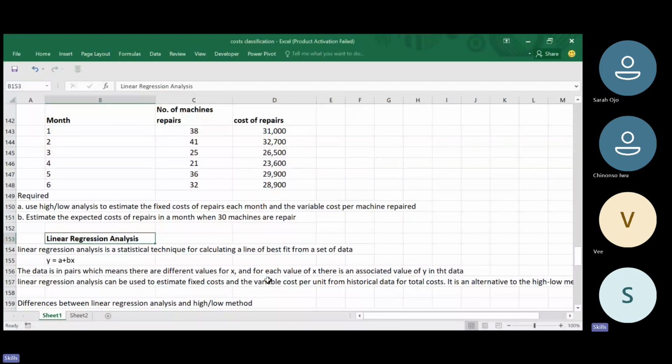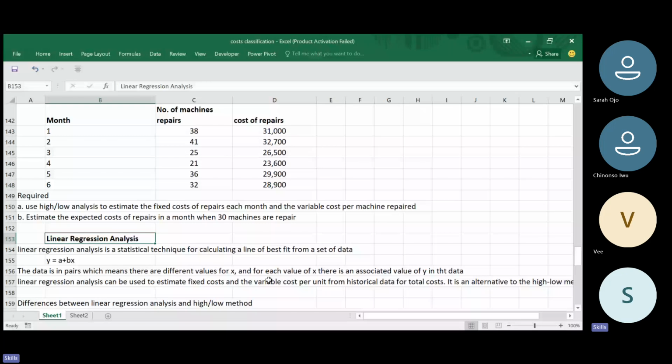Linear regression analysis is a statistical technique for calculating a line of best fit from a set of data. The same straight line equation, y is equal to a plus bx.